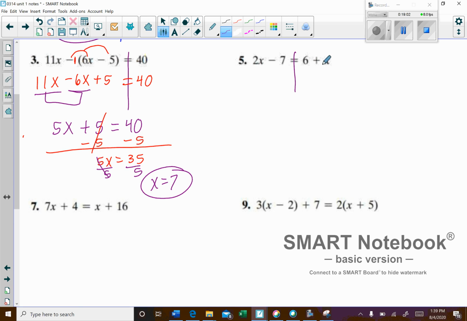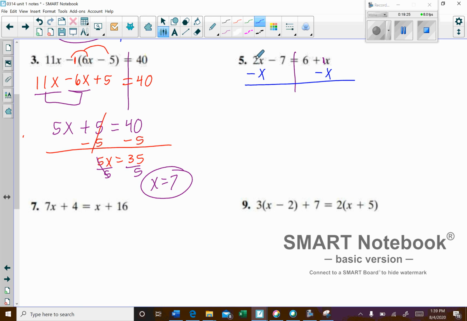Or I could subtract x from both sides. I typically like to do the smaller of the two, okay? So if you're looking on a number line, 1 is smaller than 2, right? So I'm going to go ahead and subtract 1x from both sides. If you want to put a 1 in front, you can. It's not absolutely necessary. It's understood, though, that there is a 1 right there in front, okay?